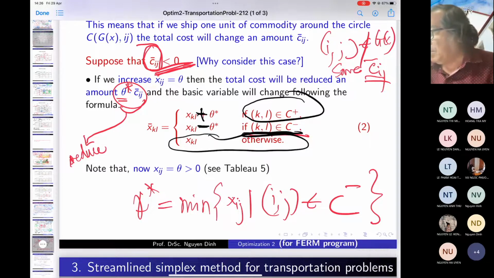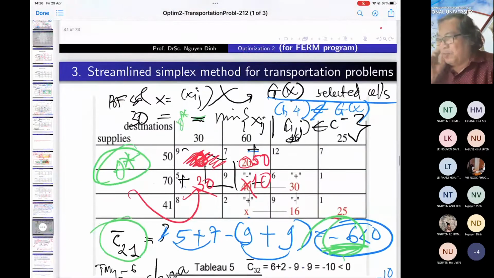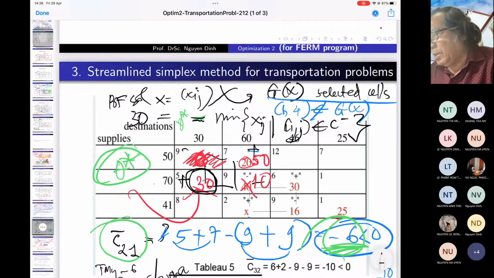So you come back to this example. For example, if you choose the cell 2 1 here, then you have the cycle, C plus, C minus, and theta star is 30. The plus cell is C21, and this gets plus 30, and it becomes 30 and 50.